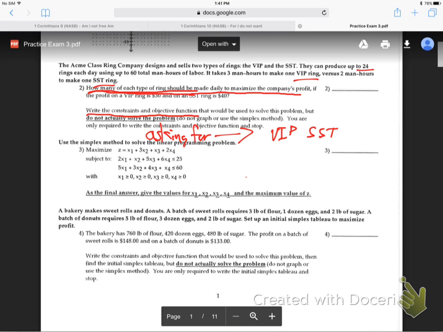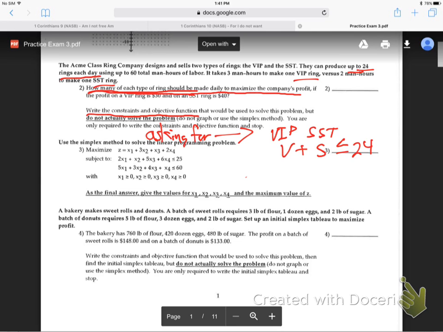They can produce 24 rings each day. Let me stop right there. 24 rings each day. So the number of VIP rings plus the number of SST rings is less than or equal to 24. They can produce up to 24.